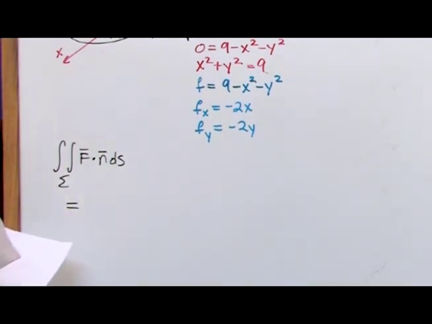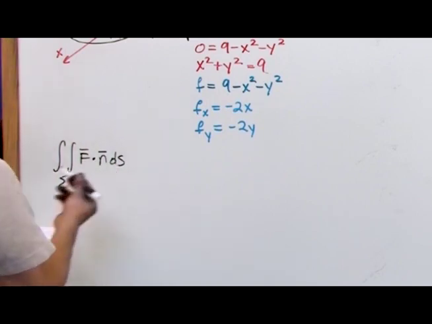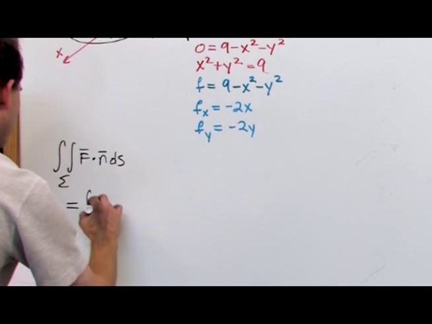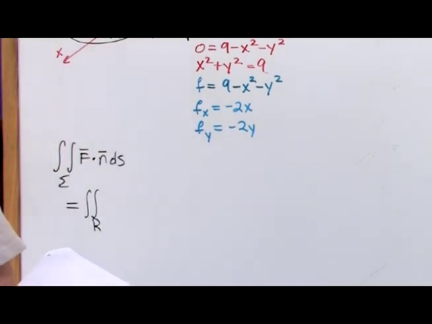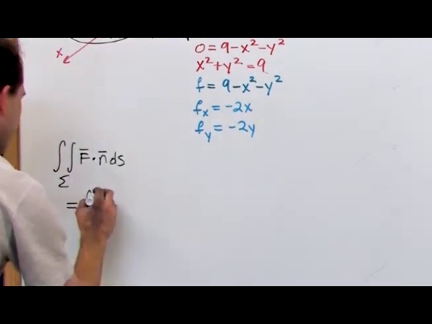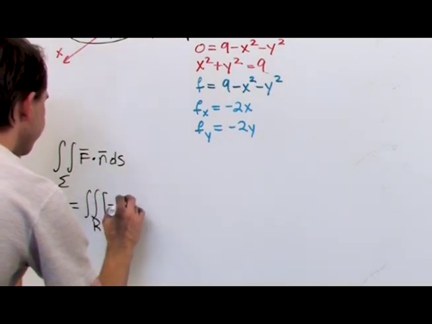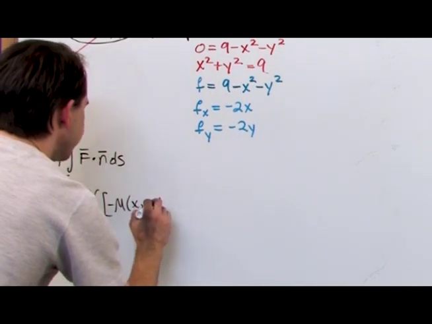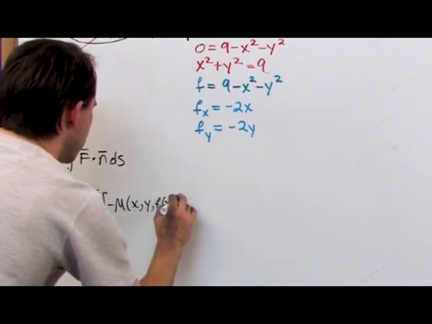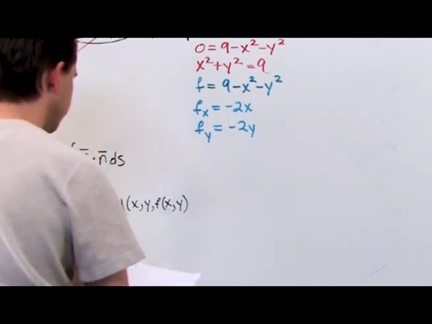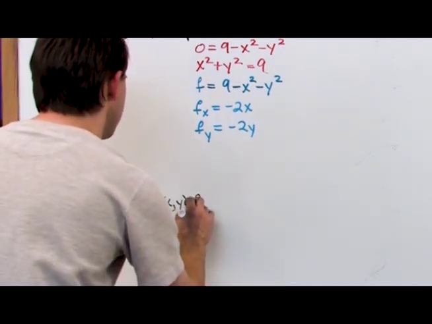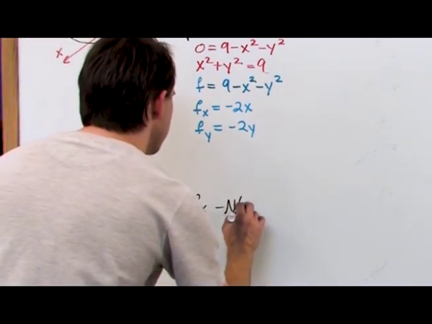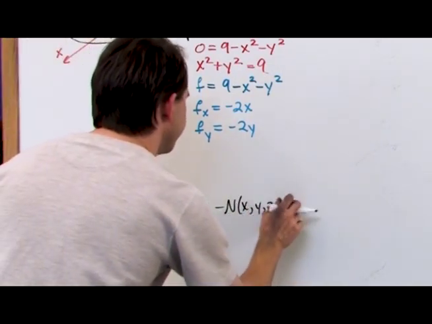When you use the unit vector oriented up, it's going to be the double integral over the region R, which ends up being a circle with radius 3, of negative M of x, y, f of x and y, which is just what we wrote on the previous board, times the partial derivative with respect to x, minus N of x, y, f of x and y.